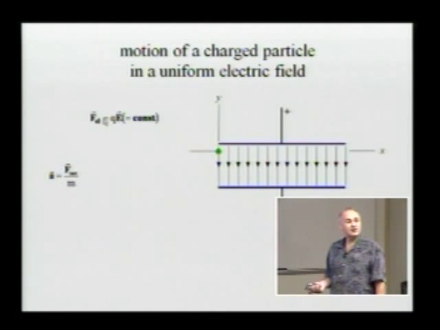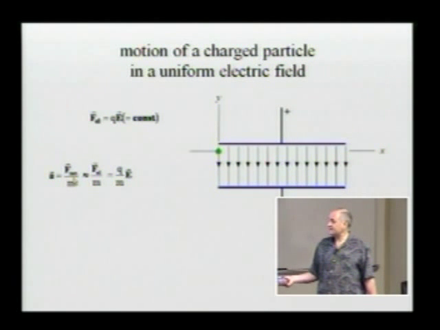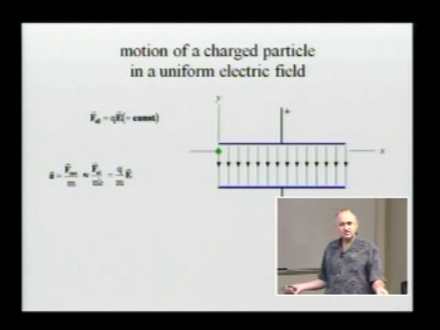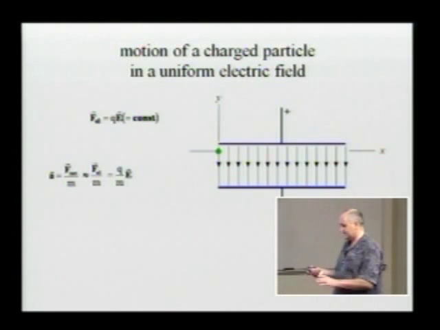If electrostatic force is constant, then acceleration of the particle is constant. Specifically, acceleration is going to be proportional to the electric field vector. It's going to be in the same direction as the field, and the proportionality is determined by the charge and mass of the particle. The heavier the particle, the smaller the magnitude of acceleration, and the higher the charge of the particle, the stronger the acceleration.